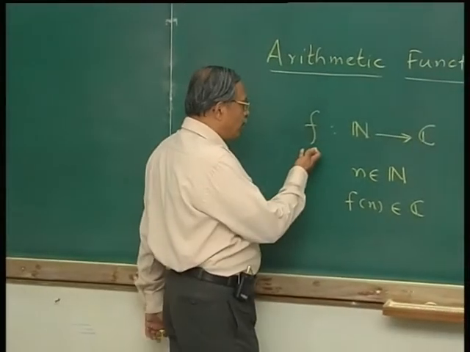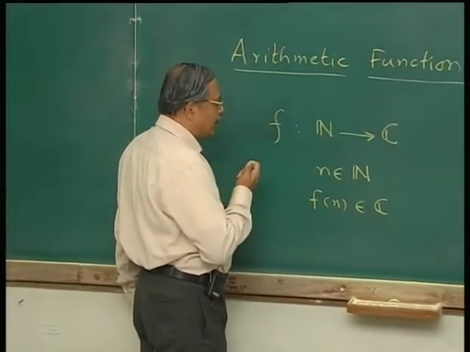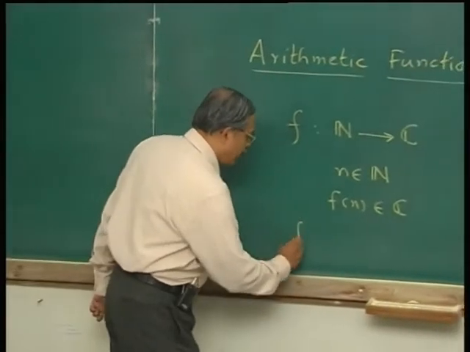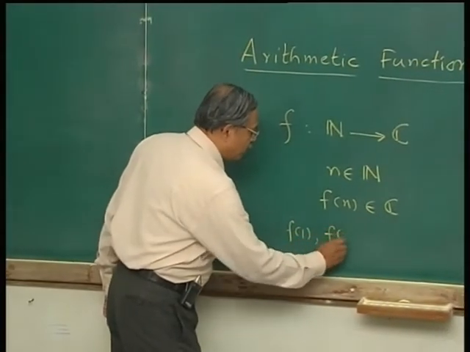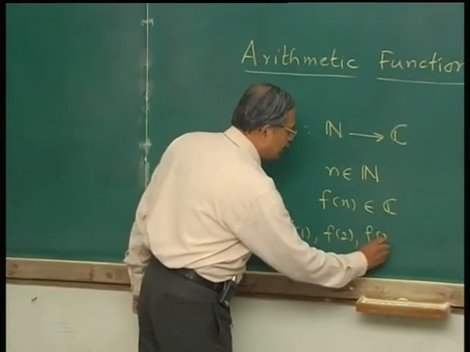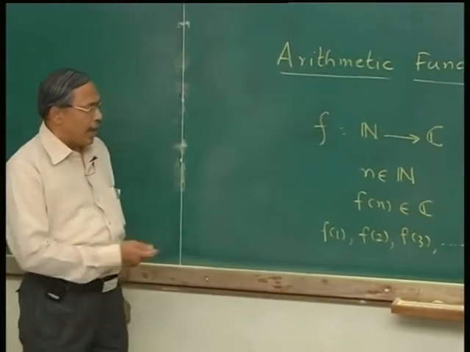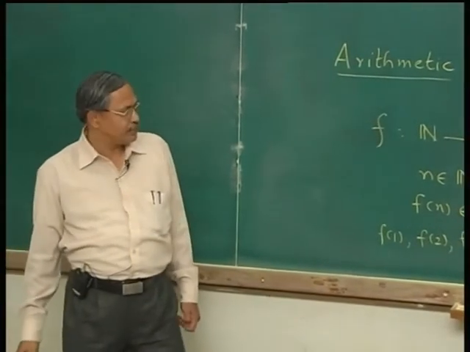We can also think of an arithmetic function as a sequence, because we can consider f(1), f(2), f(3), etc. These are the values of the function and these form a sequence.